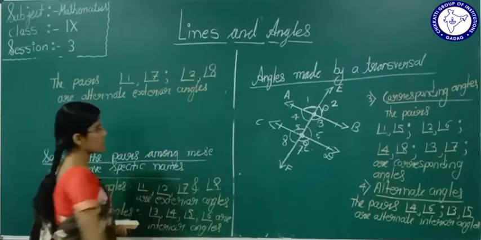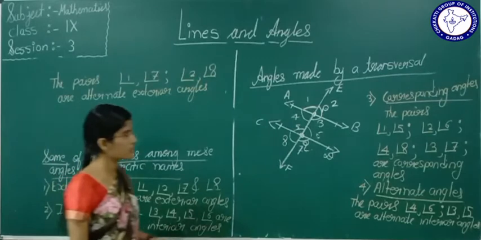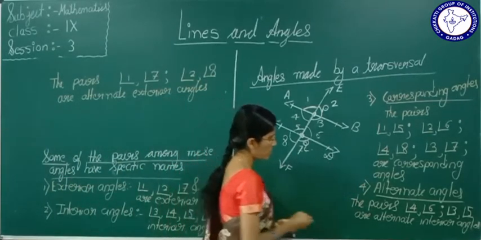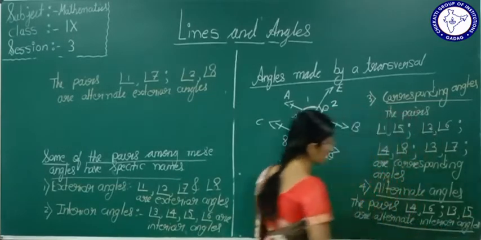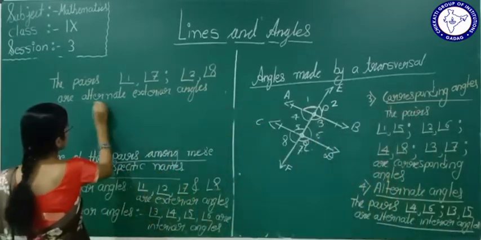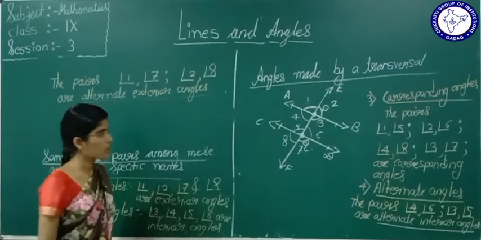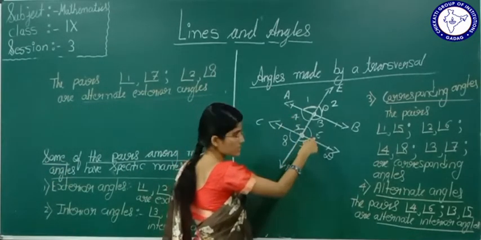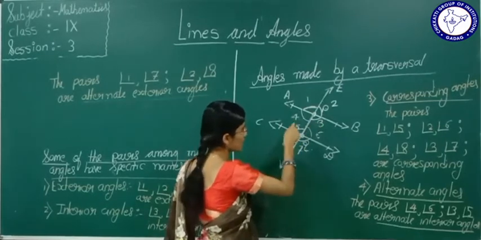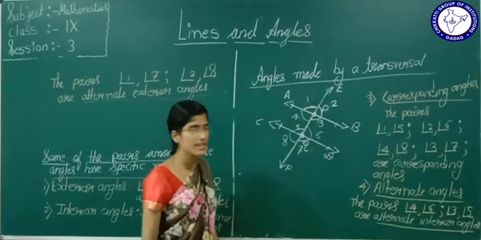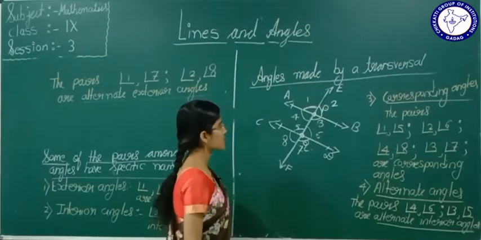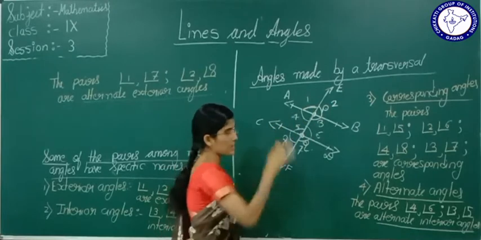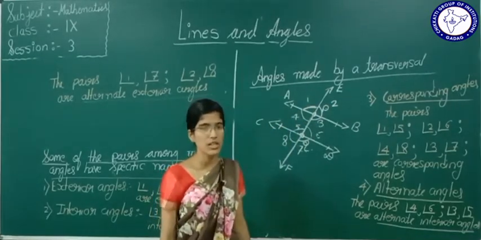Once more we will repeat here. In alternate angles we have alternate interior angle and one more is alternate exterior angle. Which are the alternate interior angles? Angle 4, angle 6 and angle 3, angle 5 are alternate interior angles. Alternate exterior means angle 1, angle 7, angle 2, angle 8 are alternate exterior angles.